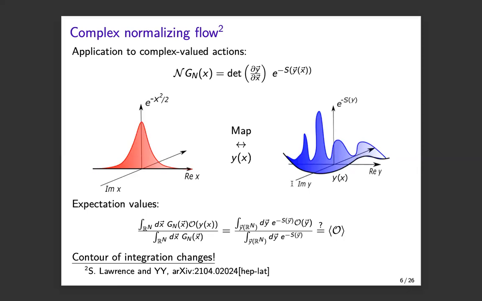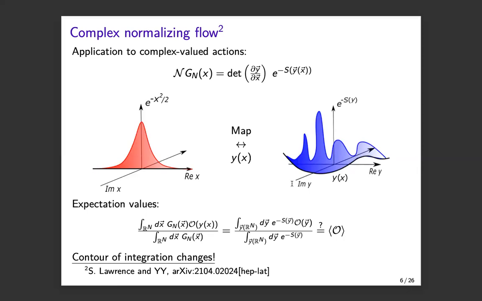Nevertheless, if you could find such a map, then again, in the same story as the last slide, you can now compute some expectation value by replacing this e to the minus S of y with this Gaussian distribution. But again, because we now change the contour of integration from this real axis to a contour in the complex plane, do you know if you get the same expectation values?